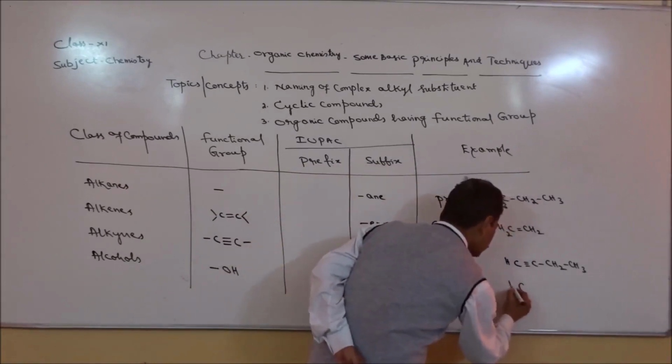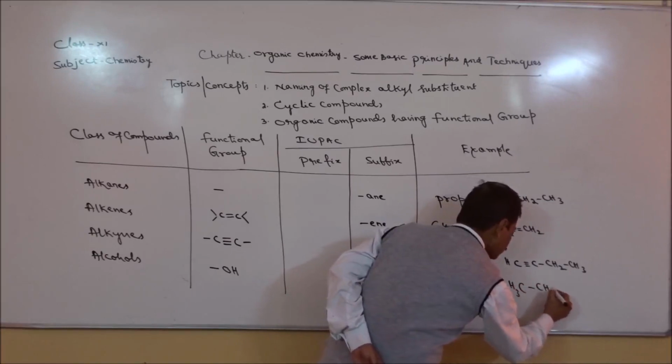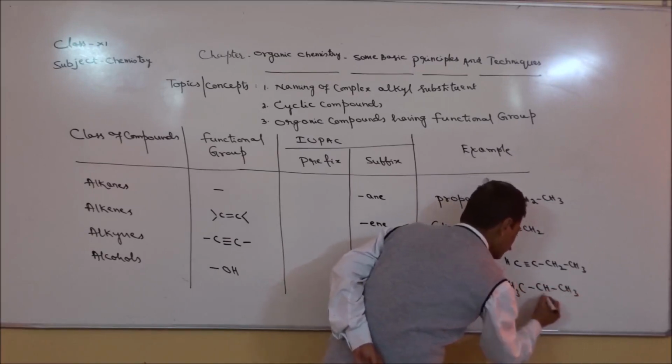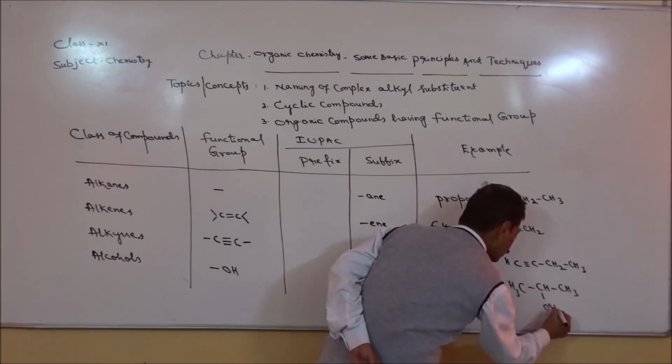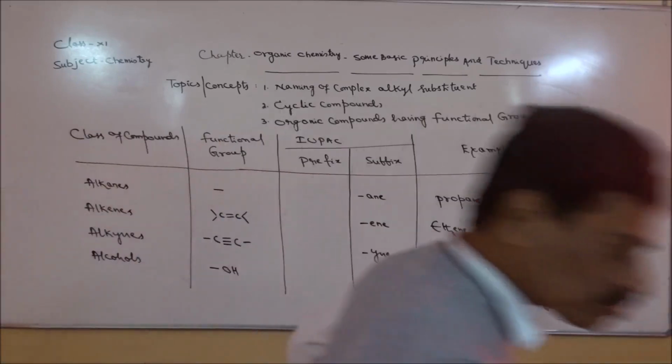So CH3, CH3, and to the second carbon atom the OH group will come. That's all. That is propanol.